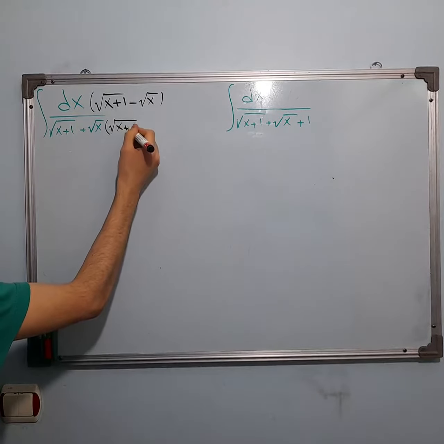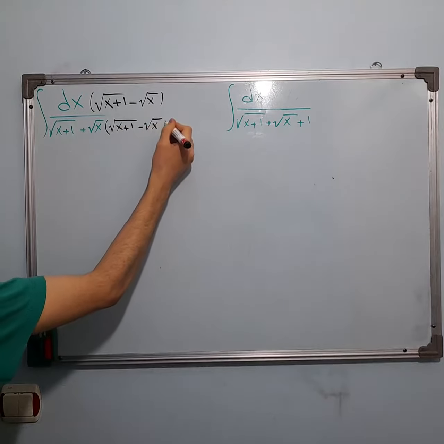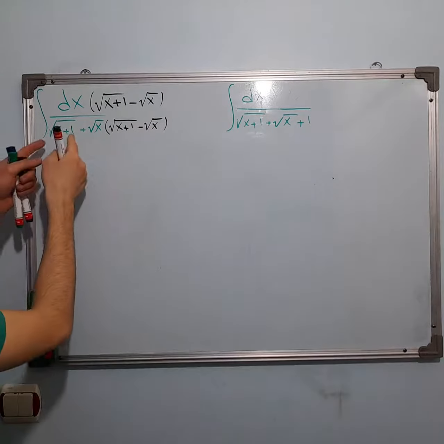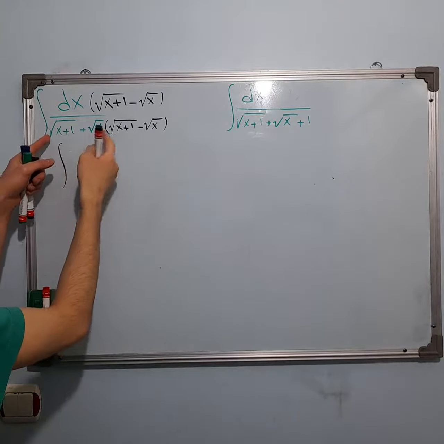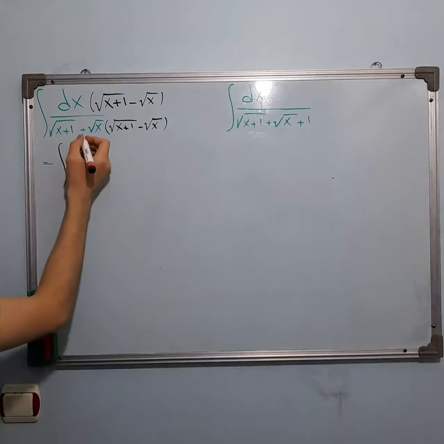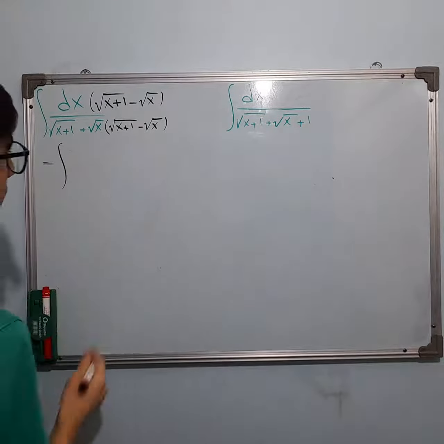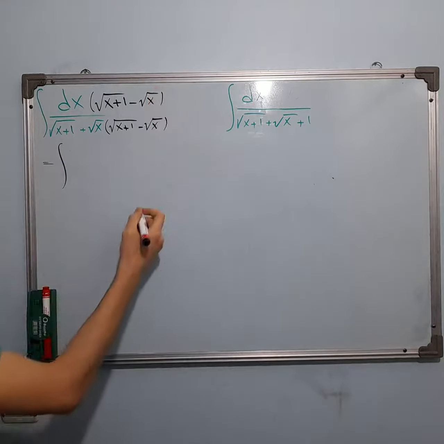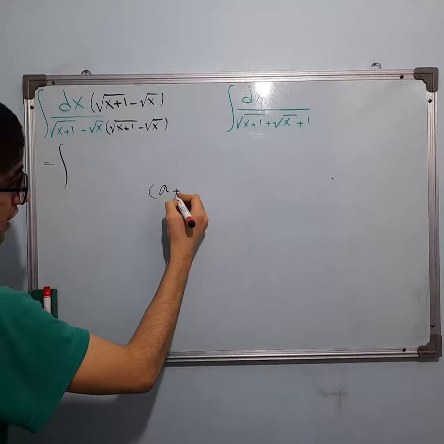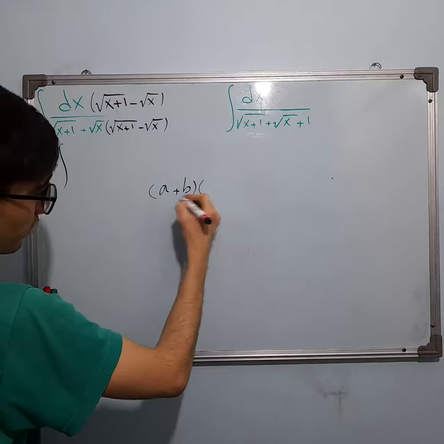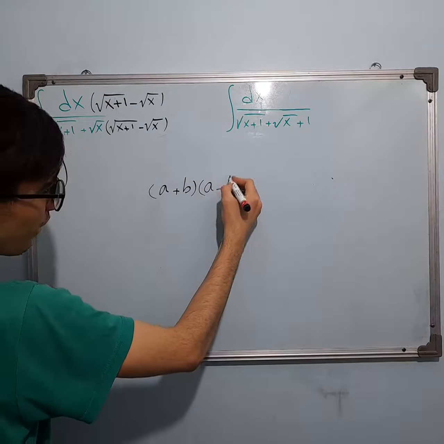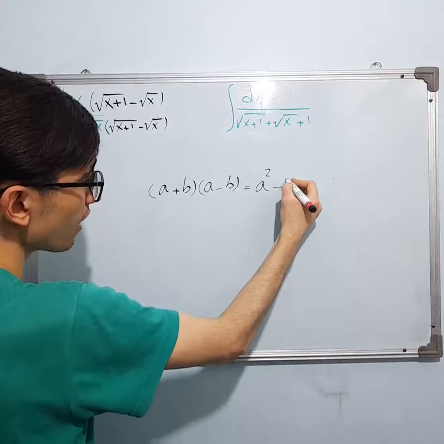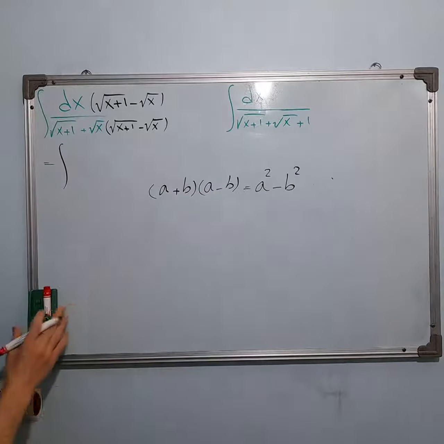In this way, if there is a plus here and a minus here, it's the first one squared minus the second one squared. See, (a plus b) times (a minus b) gives a squared minus b squared. x is the same in here.